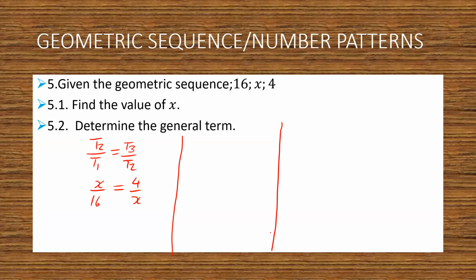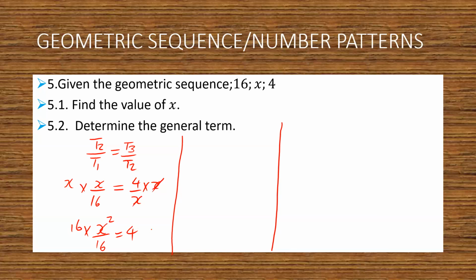I would say we take the X to the other side by multiplying. So we multiply by how much? By X. What about 16? Okay, let me just write it. So I'll have x squared over 16 equals 4, right? Yes. What do I do next? I would multiply both sides by 16.